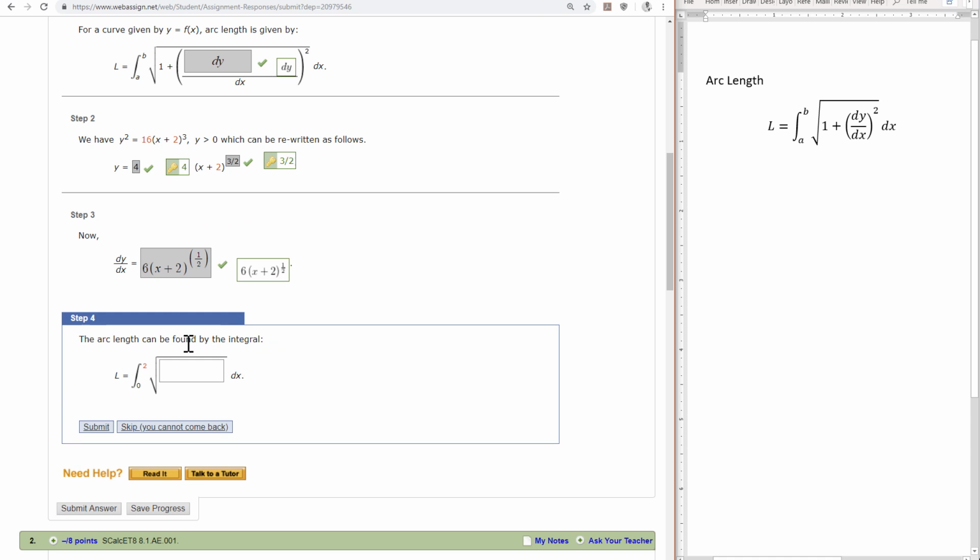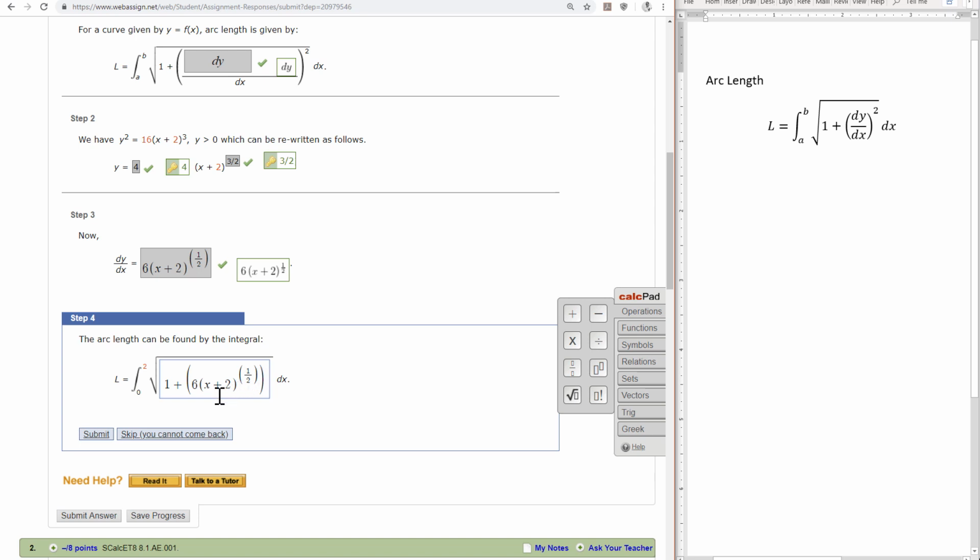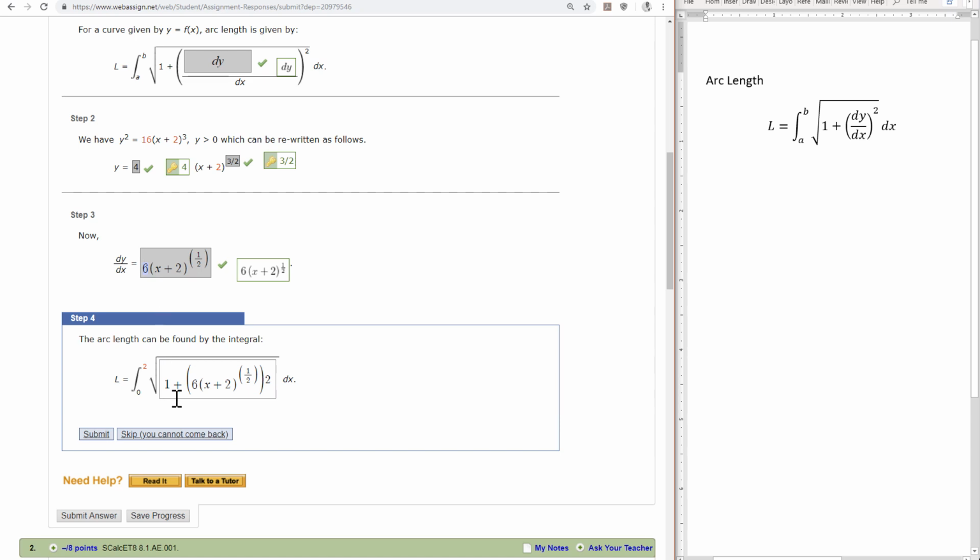And then the arc length formula says that this is going to be equal to 1 plus, now it's going to be this whole thing being raised to the second power. So if we were to do this on another sheet of paper, this is going to be raised to the second power. But that's more complicated than what it seems. So if we just take it by factor, this is going to be 6 squared, that's 36.